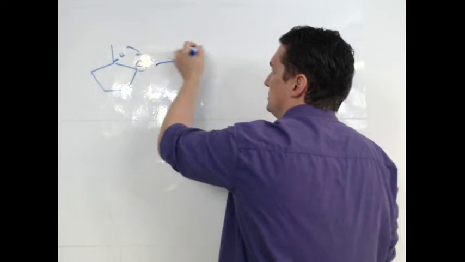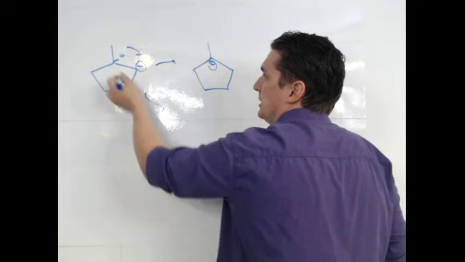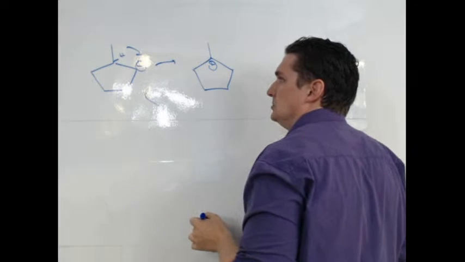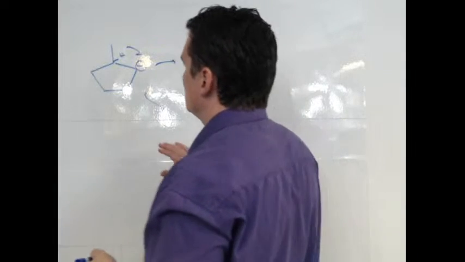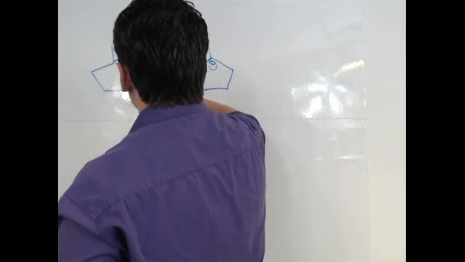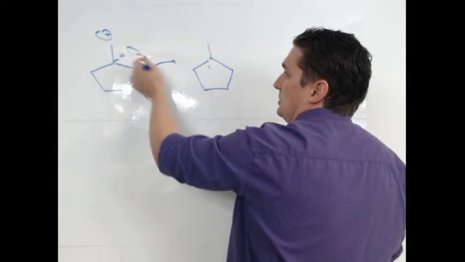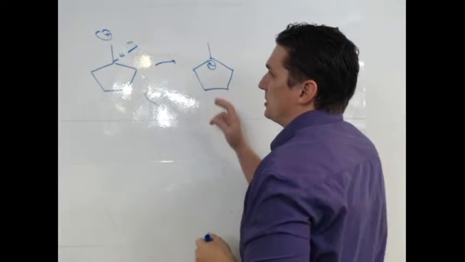If you did the hydride shift, you would end up getting the tertiary carbocation. Or you could actually do, actually I've drawn it wrong. So if we start with the carbocation here, we do the hydride shift, we create a tertiary carbocation.